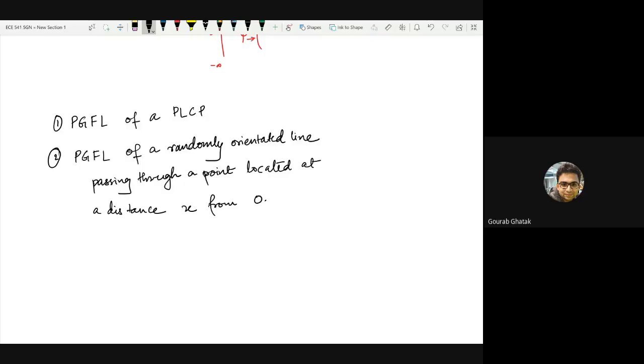This should be very clear to you, because suppose you are one of the users and you have a Poisson line process, what you would be interested in is the SINR at the origin. You have to take into account all the points which are PLCP, which means all these points which are located around you.